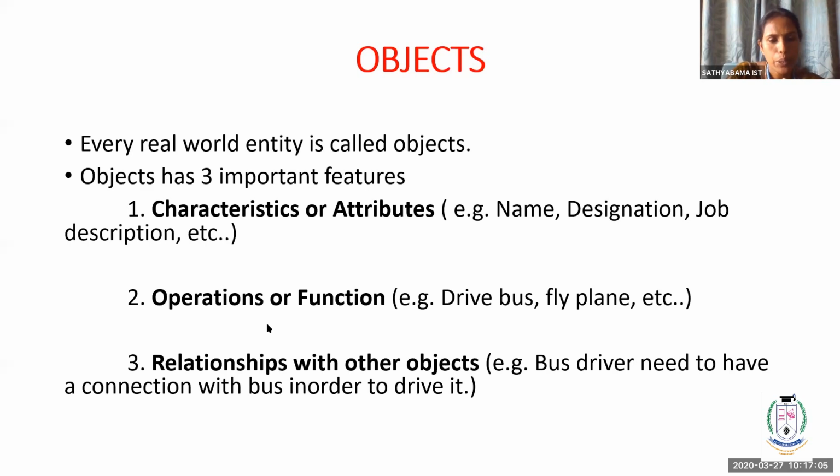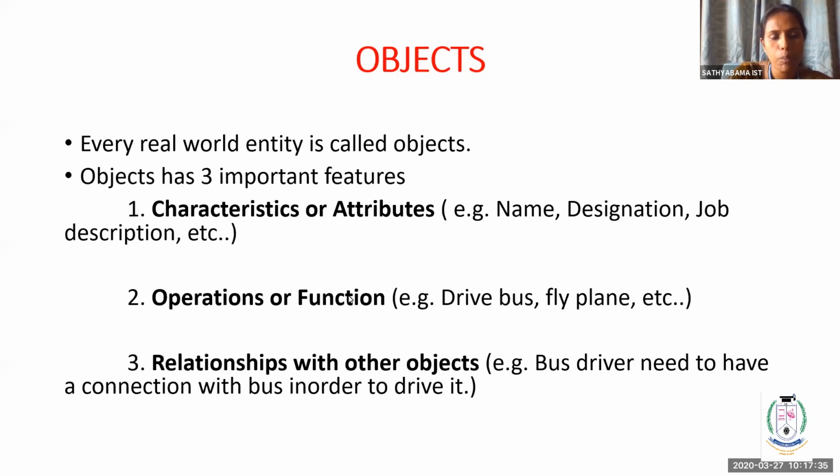Now, coming to the operations or functions. Every object has its own characteristics and also some function, behavior or operation. If you take a boy or a girl as the object, then the attributes are the name, color, height and weight of the boy. What is the operation of the particular object?